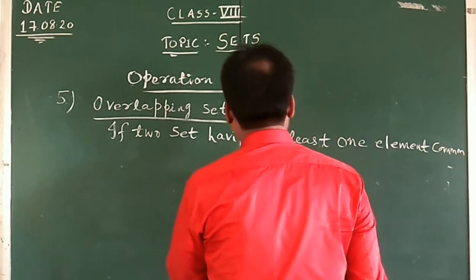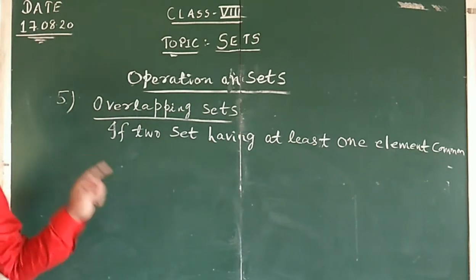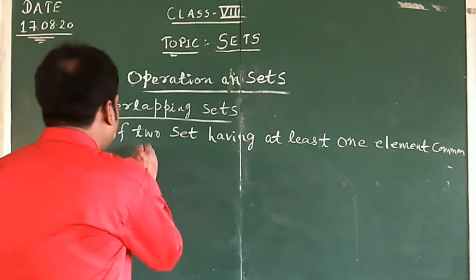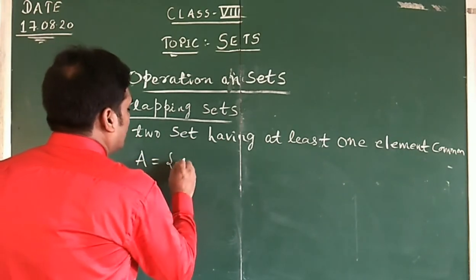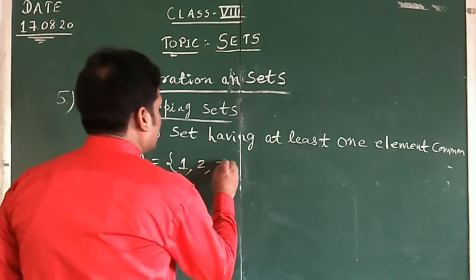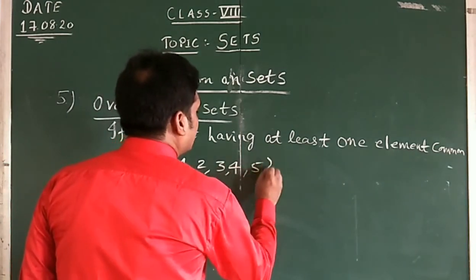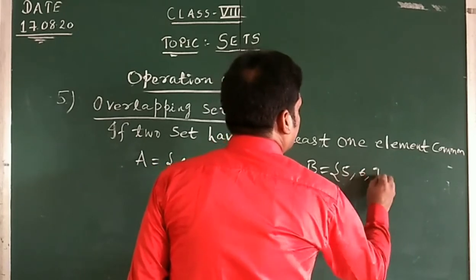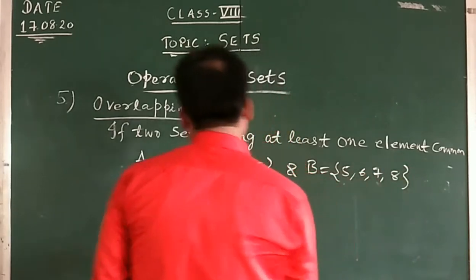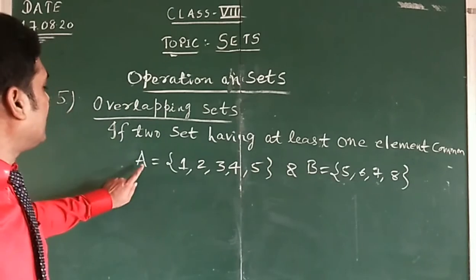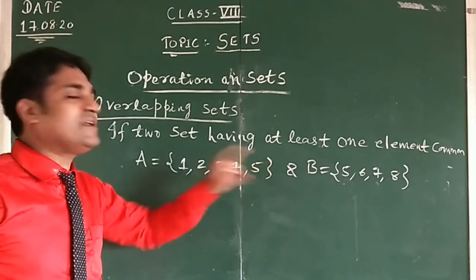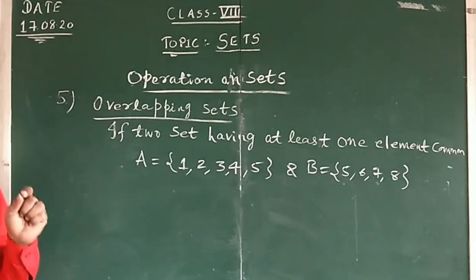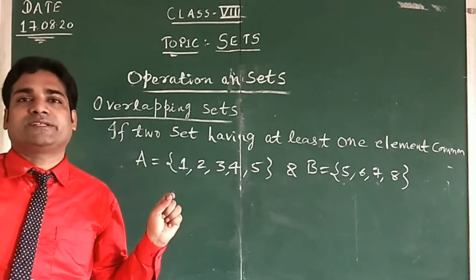For example, if A is equal to {1, 2, 3, 4, 5} and B is equal to {5, 6, 7, 8}, see here, in set A and set B, 5 is common. That means this type of set is an overlapping set.